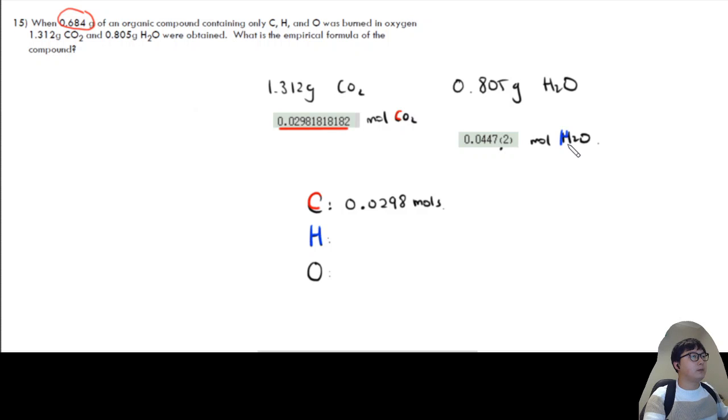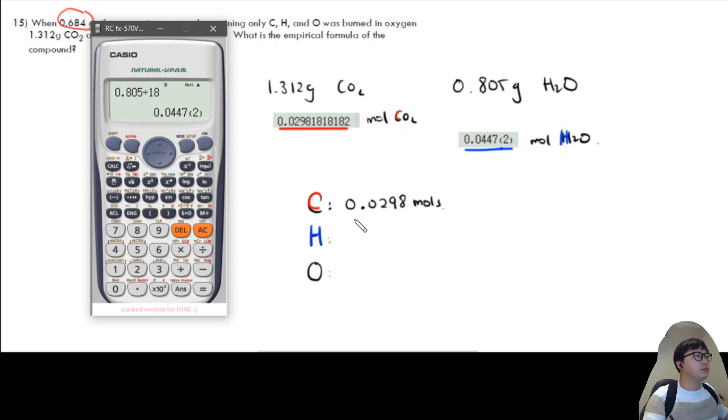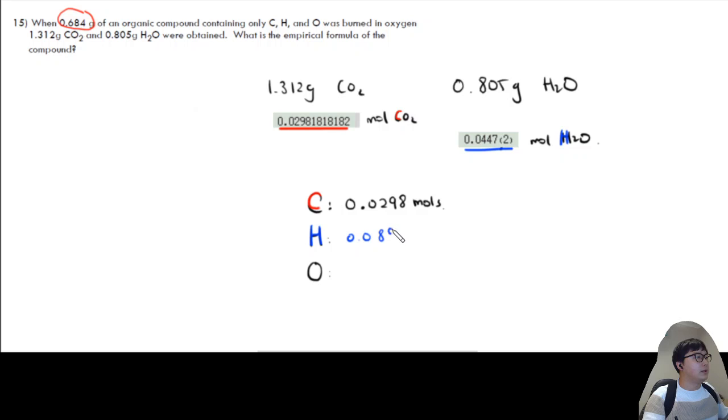There are this much water, but inside each water there are 2 hydrogens, so we times that by 2, true? So we get 0.0894.